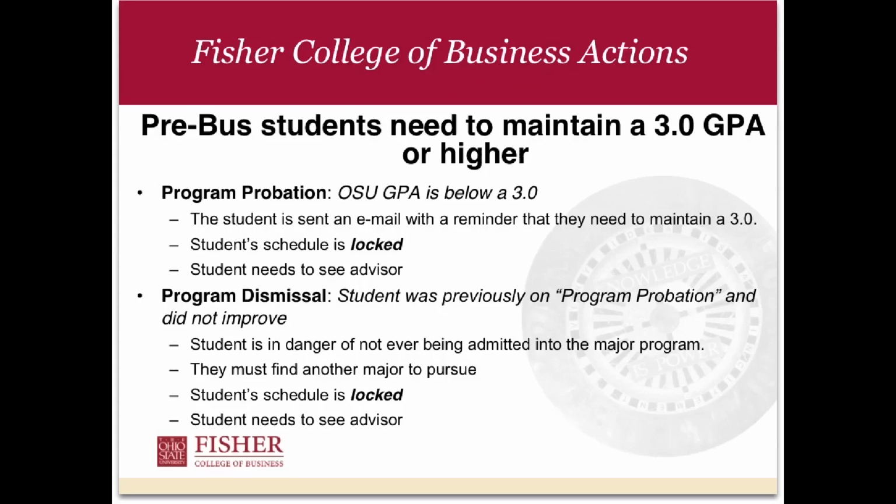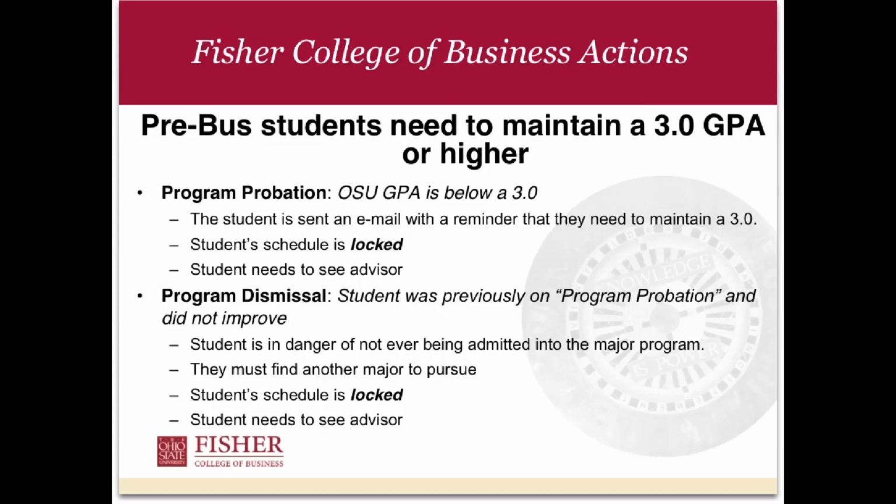The student's schedule is locked and they must meet with an academic advisor in person in order to add or drop classes. At this meeting, your advisor will discuss strategies for improving your academic performance and review your course plan for the next semester so that you are selecting classes that are conducive to academic success.